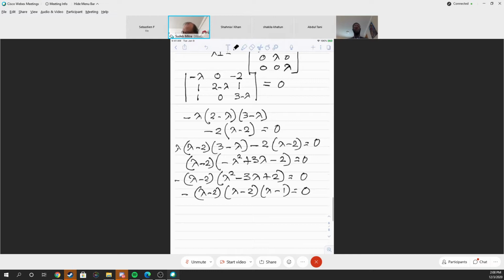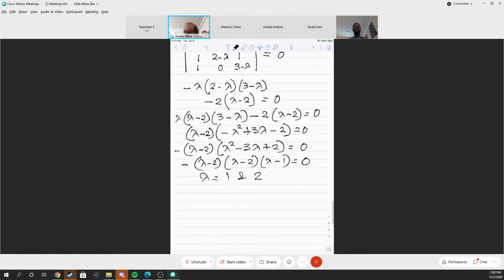So I have two roots, lambda equal to 1 and 2. Lambda equal to 2 is a repeated root, right? Okay, these are the eigenvalues.